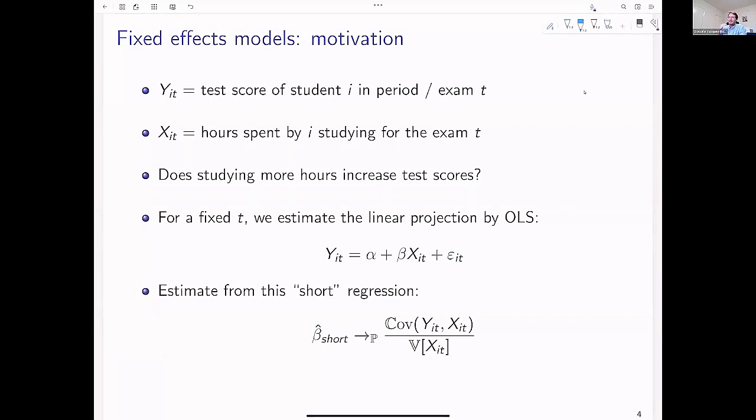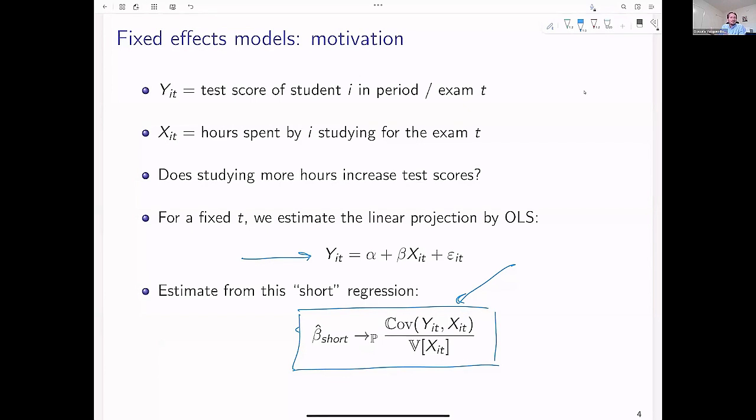And you said, well, we have data on test scores for a bunch of students at a certain exam, and then we ask them how many hours they studied, and then we run a linear regression of test scores on hours of study. We estimate this beta hat, and this beta hat, as I said, always approaches this term, which is just a measure of association between hours of study and test scores, okay?